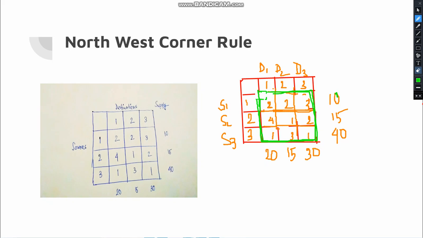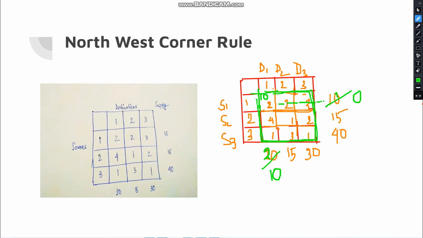So the maximum I can allocate is 10. When I have allocated this amount of 10 here, the supply gets reduced to 0, and the demand is also reduced. 10 units of demand have been supplied by this point, so there is still a demand of 10, but this row is exhausted.